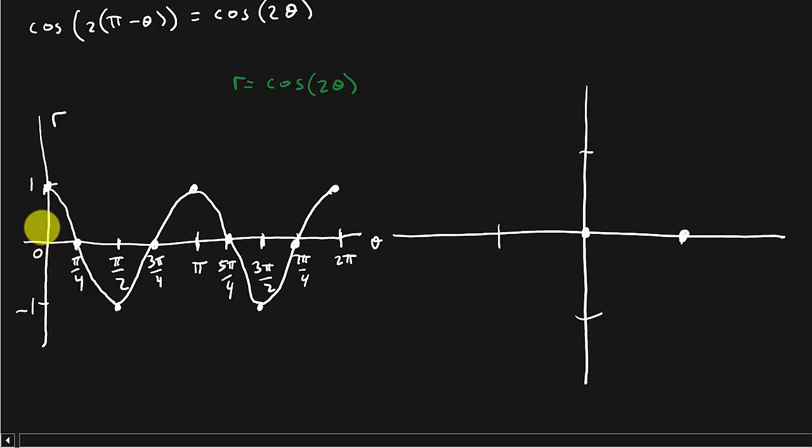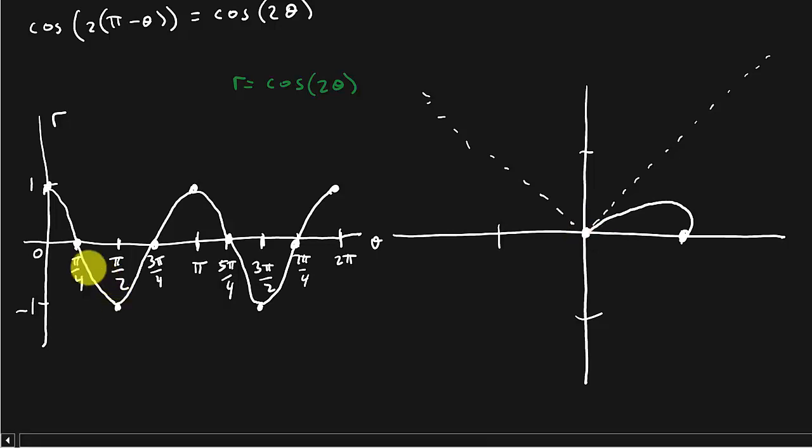As we move from 0 to pi over 4, it's decreasing from 1 to 0. Here's your pi over 4 right here. There's another 45 right there. So it's decreasing from 1 to 0. All right?